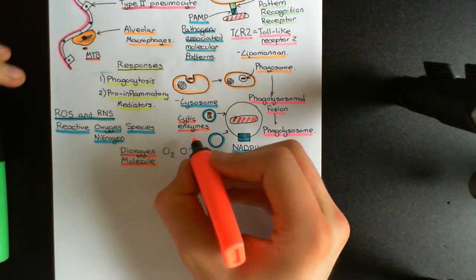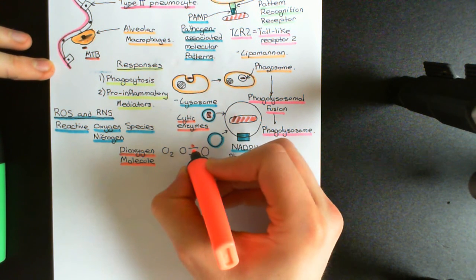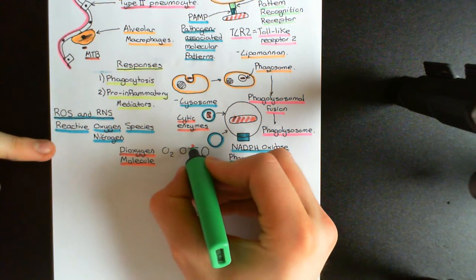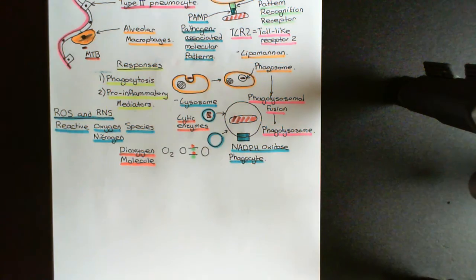So I'll just colour this in. In each of these covalent bonds, an electron will be coming from each one of the oxygens. So each of the oxygens will put an electron into each of those covalent bonds. So overall we've got 4 electrons in those 2 covalent bonds there.